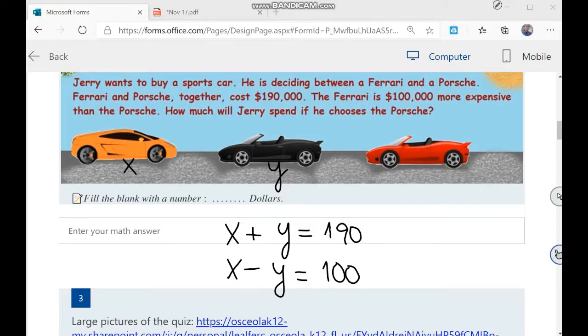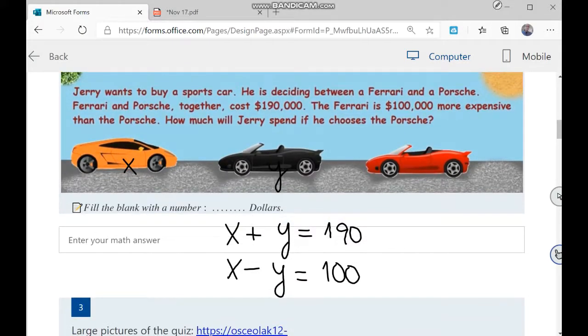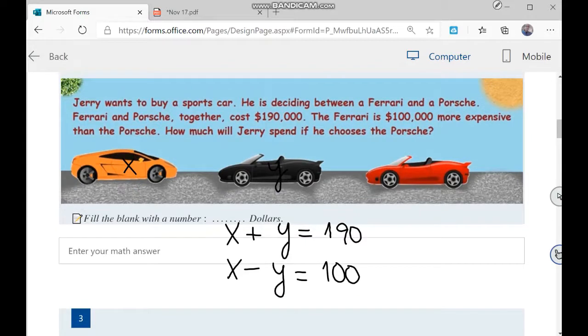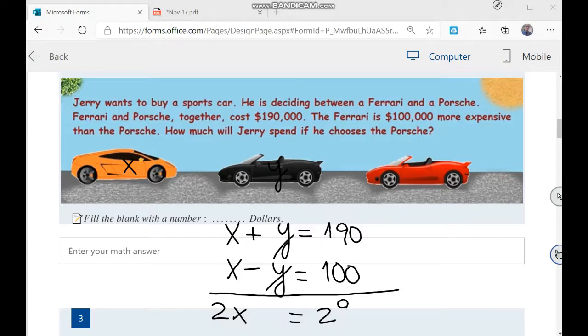And if you check, this is a system of equations. We can solve it. We can apply one of the methods that you're going to learn, the addition method. We can add both equations. Let's add x with x, 2x, positive y minus y, 0, equals 190 plus 100, 290.